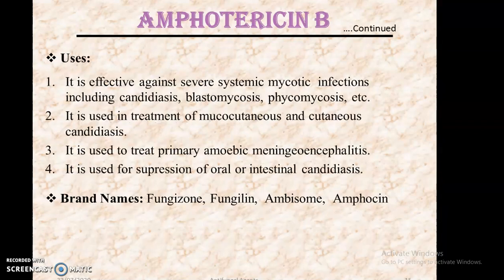Uses: Amphotericin B is effective against severe systemic mycotic infections including candidiasis, blastomycosis and phycomycosis. It is also used in treatment of mucocutaneous and cutaneous candidiasis, primary amoebic meningoencephalitis, and for suppression of oral and intestinal candidiasis. It is known by the brand names Fungizone, Fungilin, Ambisome and Amphotericin.